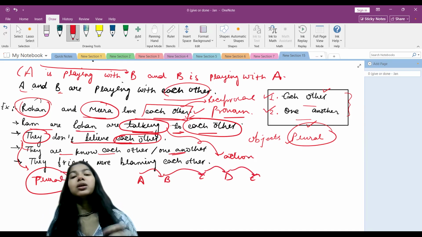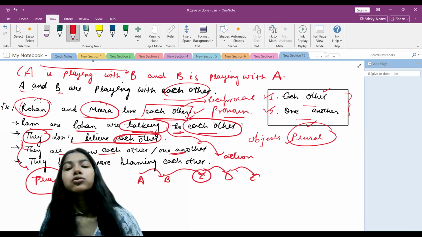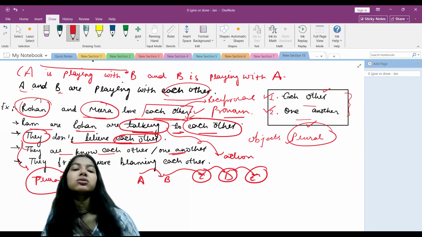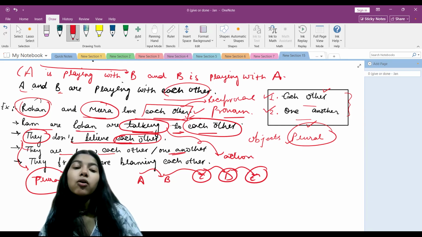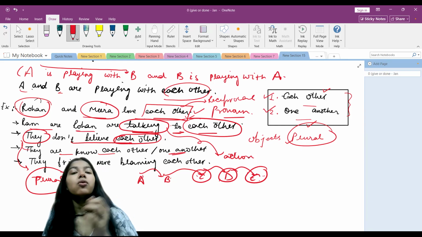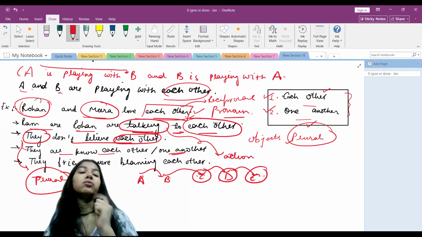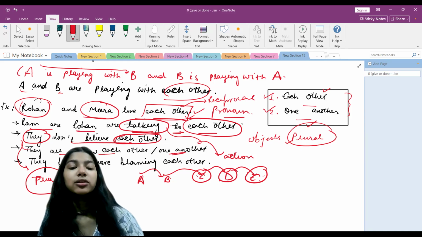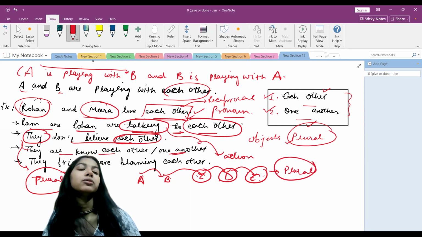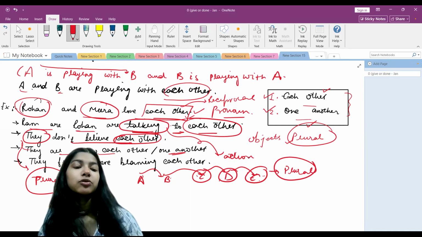If A knows B, B knows C, C knows D, D knows E, then E also knows A, E also knows B, E also knows C, E also knows D. So they all know each other and one another as well. So we are using each other and one another here because we are using a plural subject.